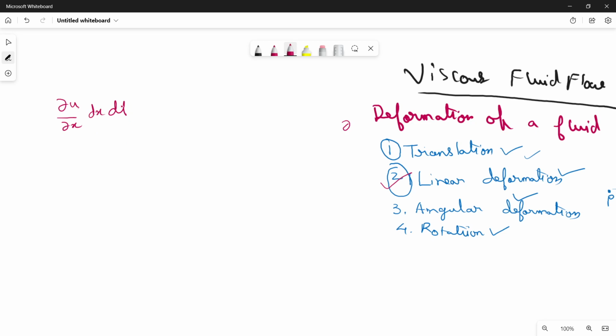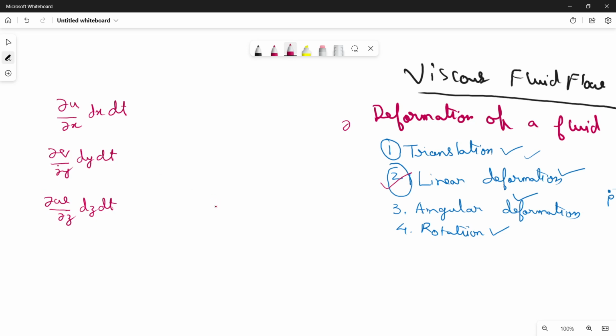Del u del x dx into dt, then del v del y dy dt along y direction, and along z direction del w del z dz dt. Okay, so these are the components of linear deformation of a fluid element along x, y and z direction.